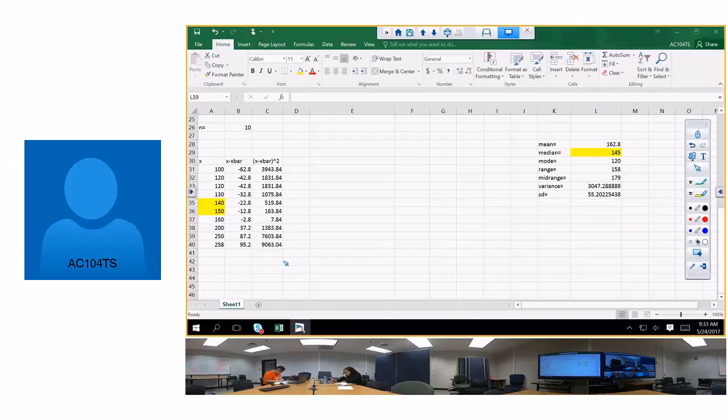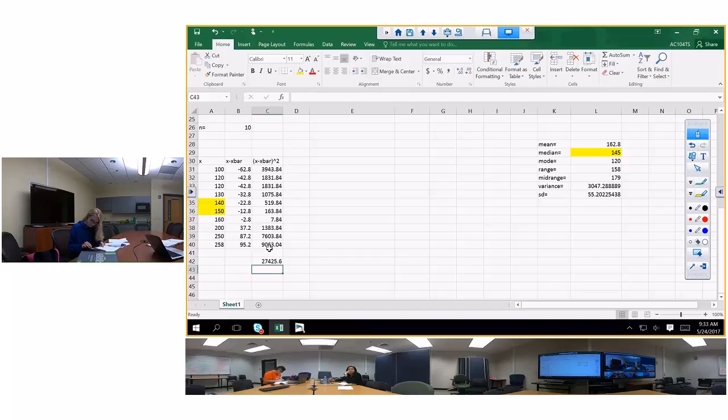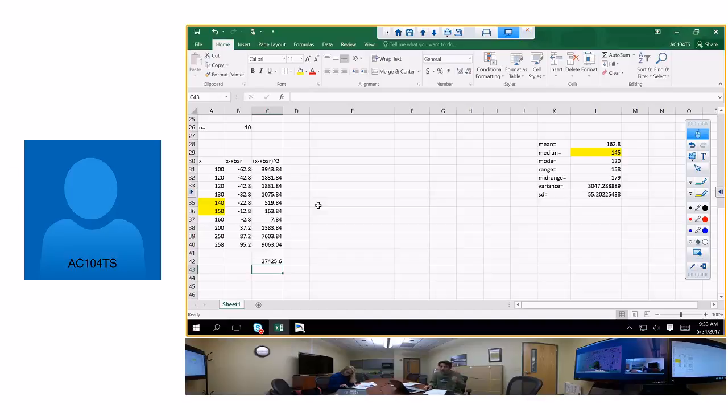All right, let's check this right quick. Let's get a total here and see what that number is. Because I know you know how to type in 9, so there must be a problem here. Do a summation of your x minus x bar quantity squared and see if you get 27,425.6. Yeah. Okay, then you're not typing something in right.